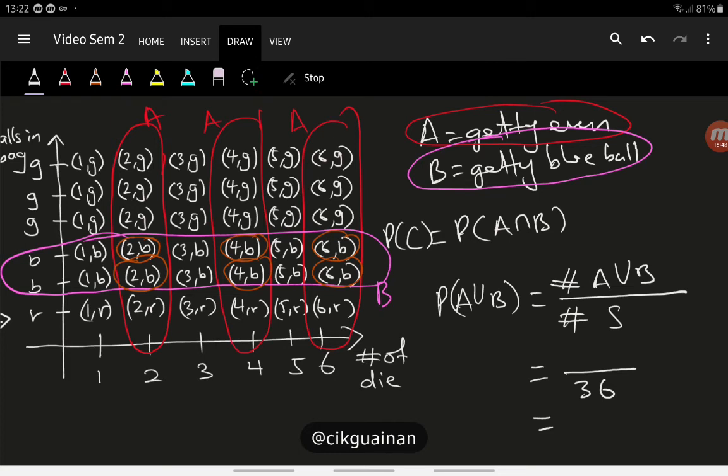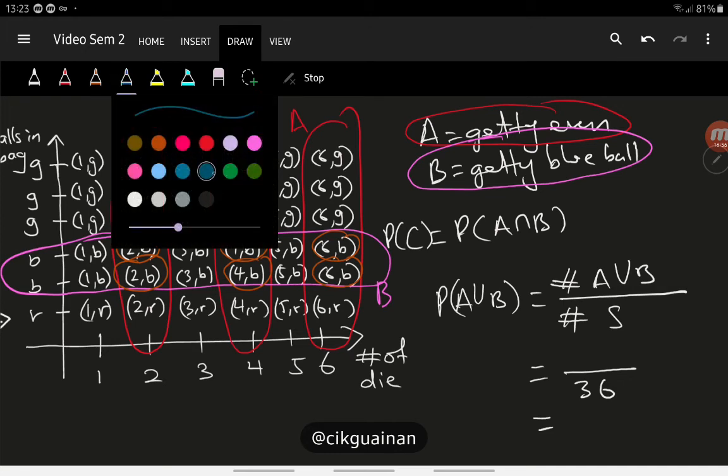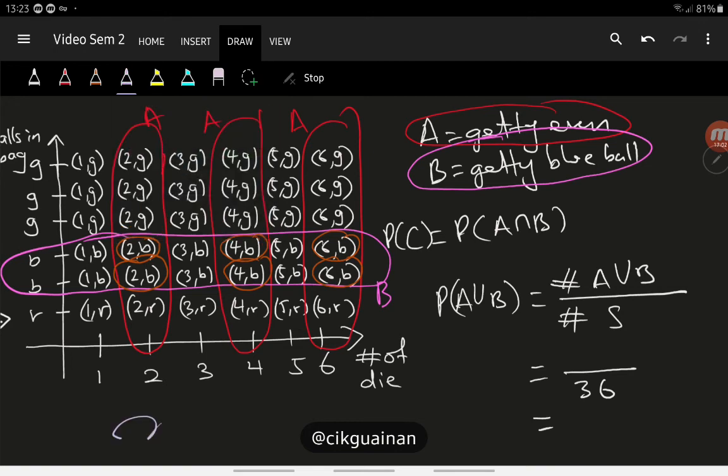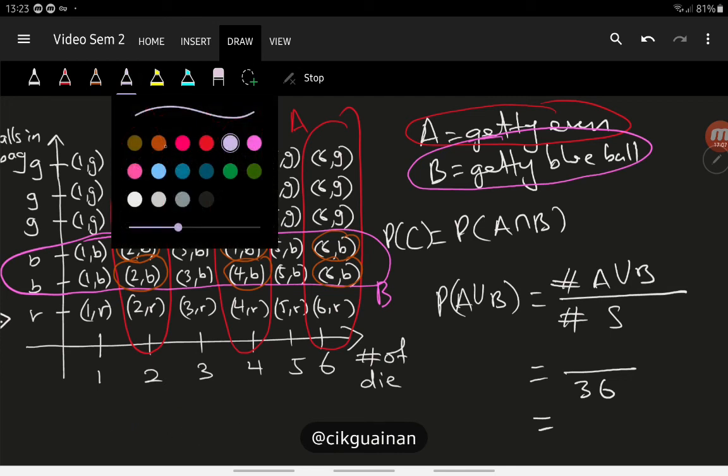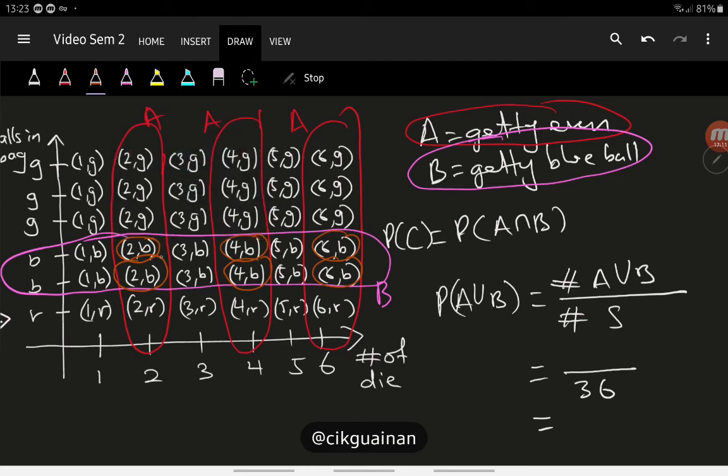So from here, which ones are we going to take? I use a different color. What color do I use? All the colors are not grey. Grey is more or less the same as blue. Okay, I still use brown, but I erase all this first.